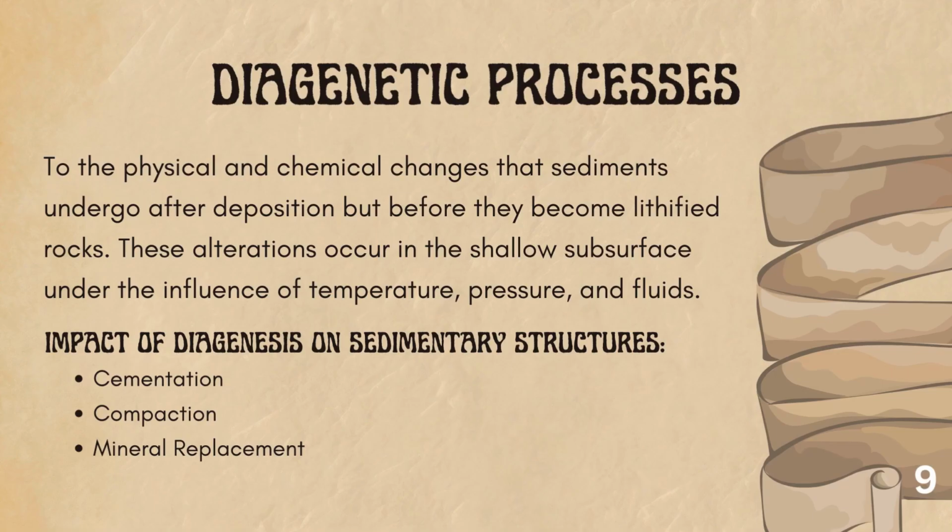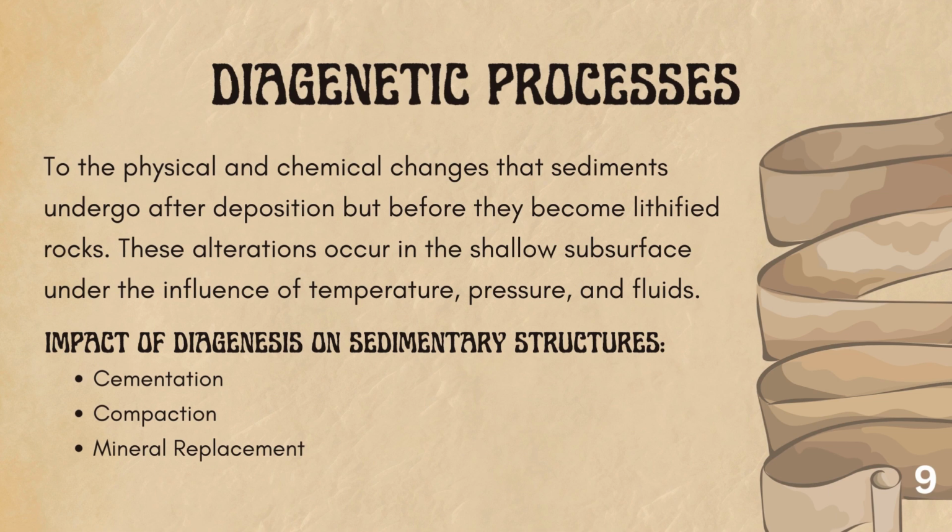Next point is the diagenetic process. Diagenesis refers to the physical and chemical changes that sediments undergo after deposition but before they become lithified rock. The impacts of diagenesis on the sedimentary structures are such as cementation, compaction, and mineral replacement.